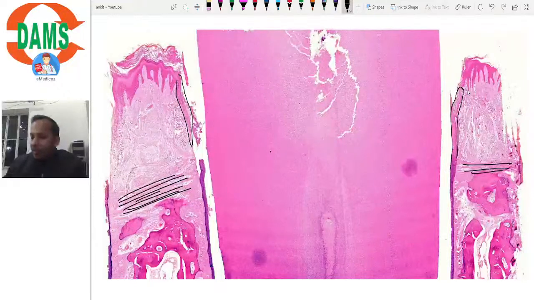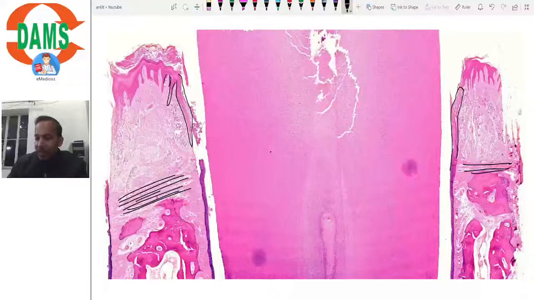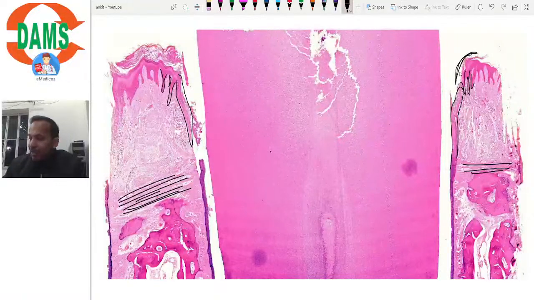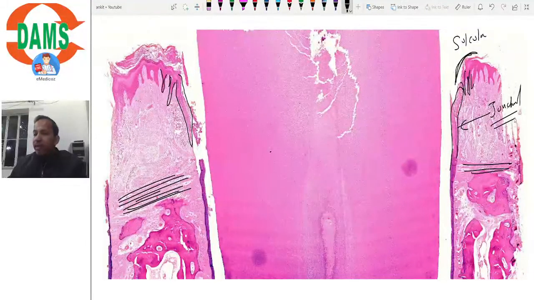Just adjacent to it, you suddenly have an epithelium which has extremely long rete pegs. This portion of the epithelium with extremely long rete pegs is the sulcular epithelium. This portion where there are no rete pegs is the junctional epithelium.